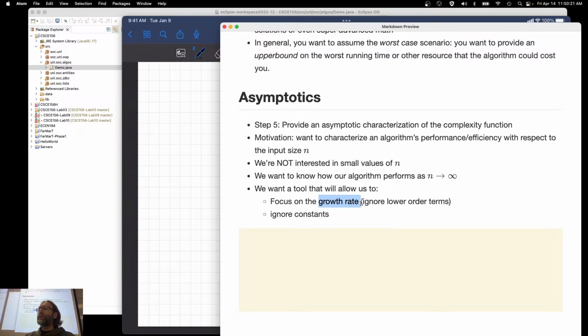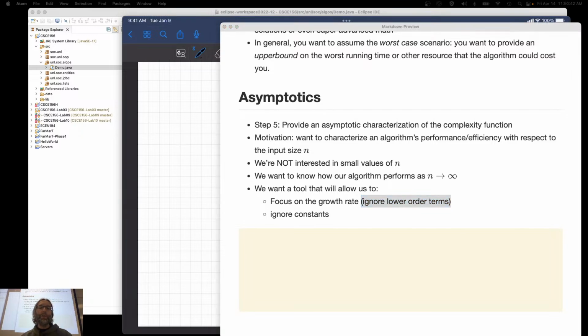Again, seem familiar with calculus? Rate of growth, first derivative. You're going to end up ignoring the lower order terms because when you take the first derivative, what happens to those lower order terms? They disappear. You're going to ignore constants, because constants, who cares? You can always upgrade your hardware, and now it's twice as fast.